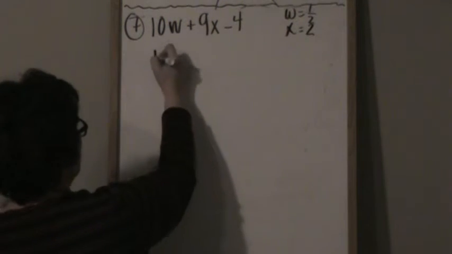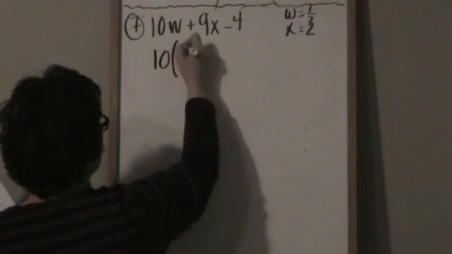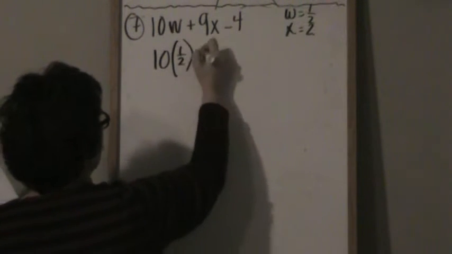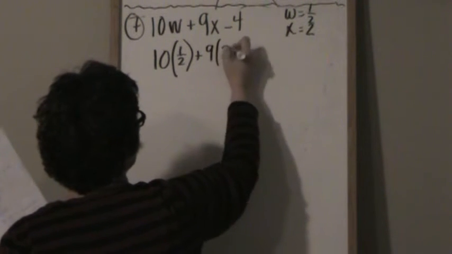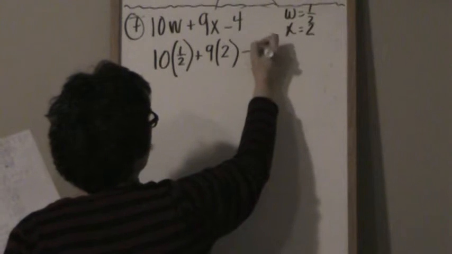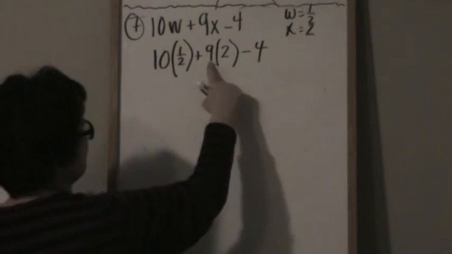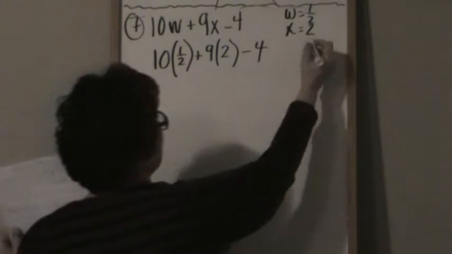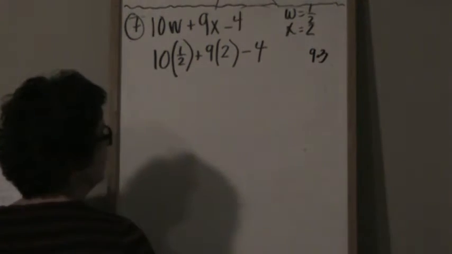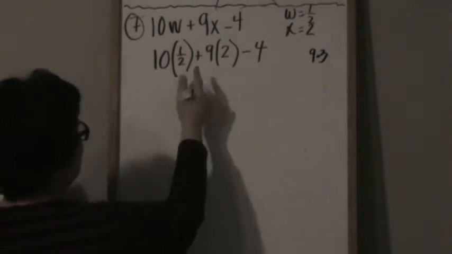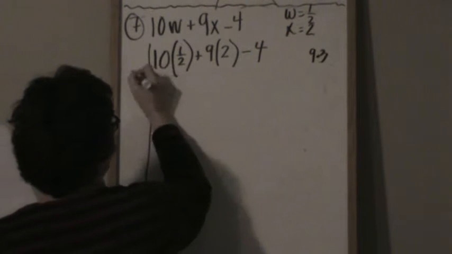Okay, so it's going to be 10 times 1/2 plus 9 times 2 minus 4. Okay, remember you can see multiplication like this, or you might see it like this. Okay, either way is okay. I like the parentheses, but if you want to use the dot, that's okay.